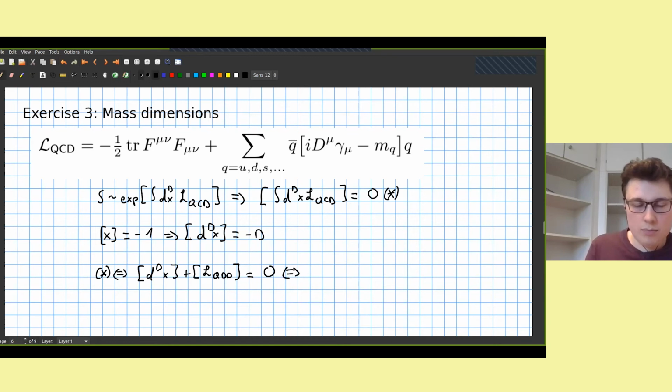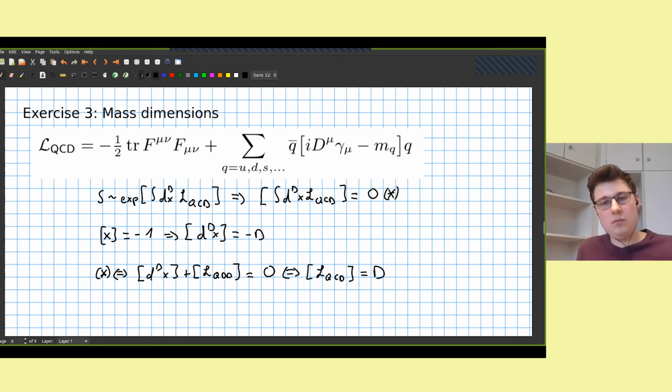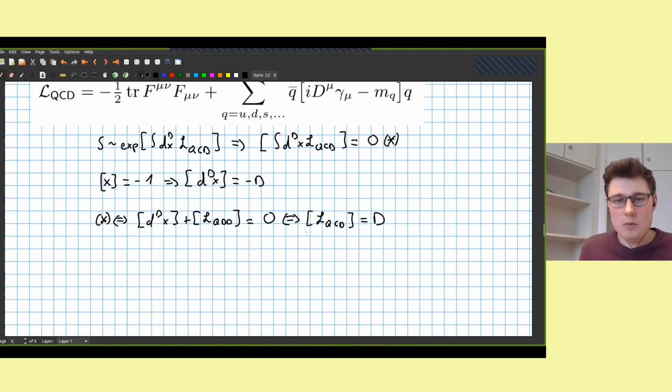And where we now know the mass dimension of the integral measure, meaning that the QCD Lagrangian should have mass dimension d. Okay, so that's our first result here.